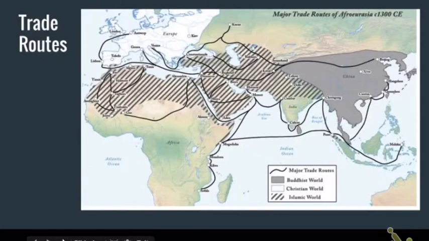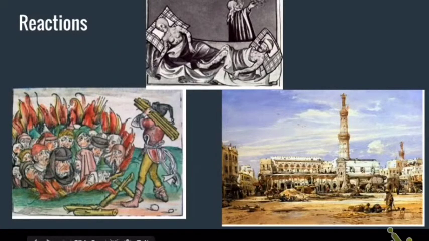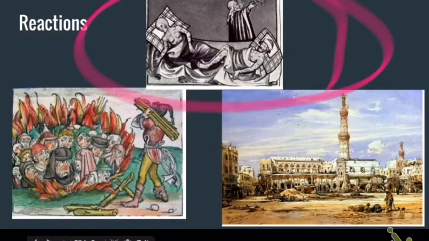So the other thing I want to talk to you about is reactions to the plague. At the top up here is an image from Western Europe. Remember, Western Europe at this time is all Latin Christian, which you would call the Catholic Church. There's no Protestant Reformation in the 1300s. It doesn't come around for a while.